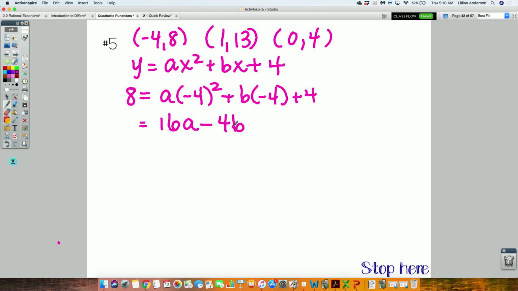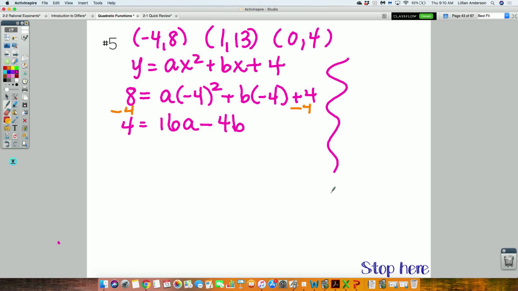Since this is going to end up being a system, what should I do with that plus 4 at the end? Subtract it to the other side. So then this becomes 4 equals 16a minus 4b. Could divide all of them by 4, but I'm not going to do that. I'm pretty sure we get the same answer, but I won't.